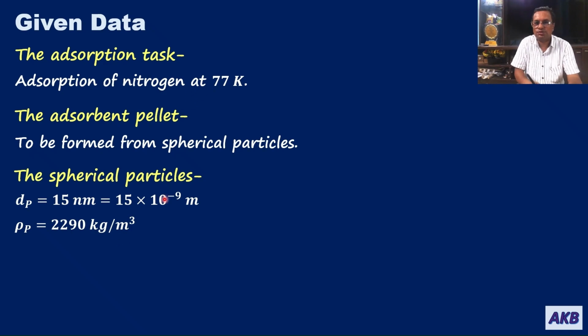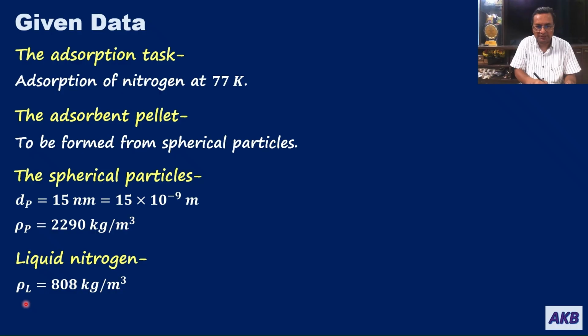So the task is to adsorb nitrogen from, let us say, air, by using an adsorbent pellet. And I have just told you how the adsorbent pellet is being formed. For liquid nitrogen, when nitrogen goes on the surface of the adsorbent, its density, I am denoting it as rho L, is given to us.